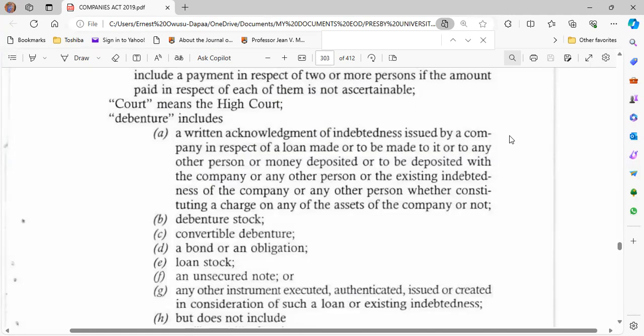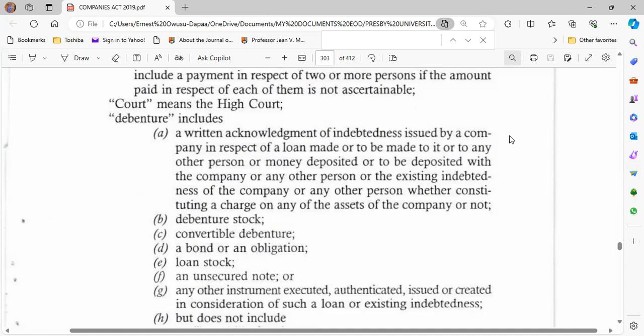Another example of debenture is a bond or an obligation. A bond is nothing new. It's something that you know already. In the law of contracts, when we were learning about penal bonds, remember penal bonds, which led to the emergence of the form of action we call assumpsit. So it's the bond you are talking about. A bond is simply a solemn acknowledgement of an obligation by the company towards another person.